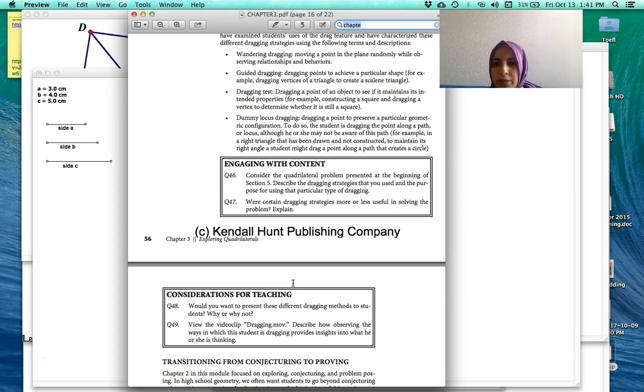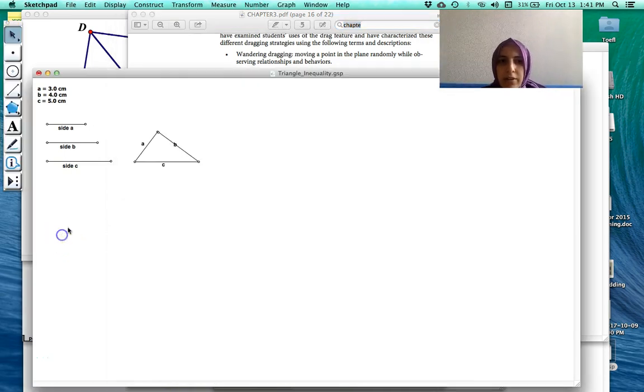For example, dragging vertices of a triangle, like this, I drag the points. Last, dragging test: dragging a point or object to see if it maintains its properties. For example, constructing a square and dragging a vertex to determine whether it's still a square. That's why dragging is important.